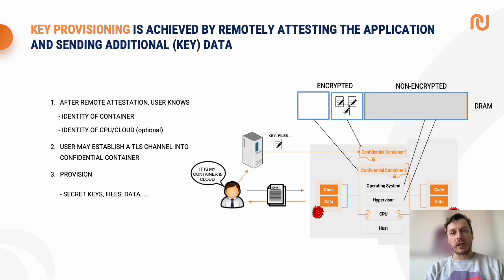So this is like a live provisioning of secret information. And of course, it totally makes sense if, for example, your application is somewhere hosted by an untrusted environment, and you just want to make sure that this environment has no access to your secrets.